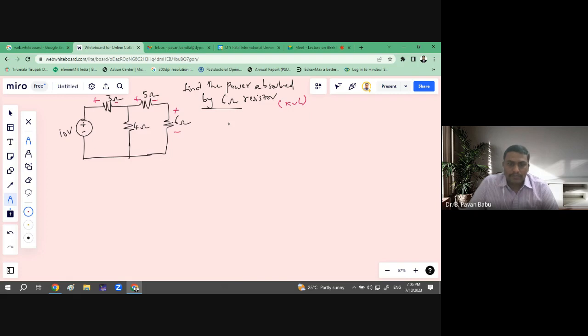And what about this resistor? Since it is linking between the two loops, for the first loop I can consider the polarities as plus and minus, and for the second loop the polarities will be considered like this. The current direction is considered as I1 and this is I2.